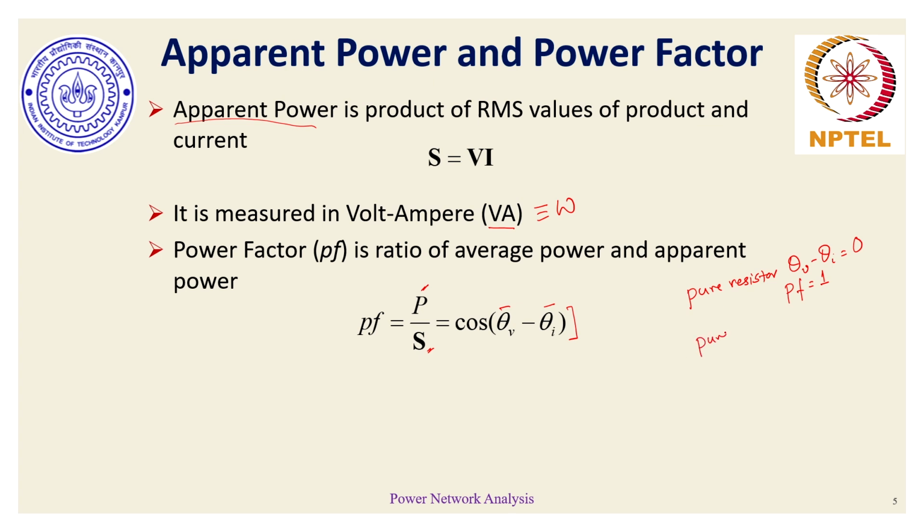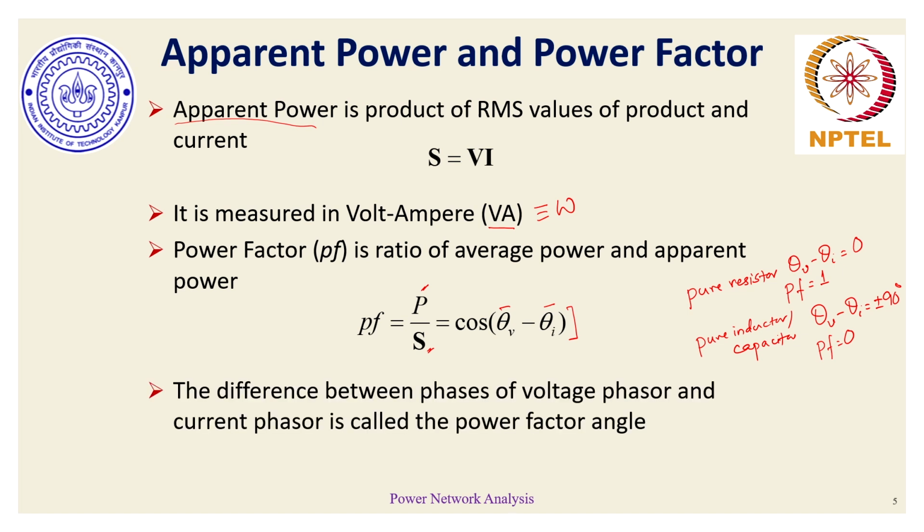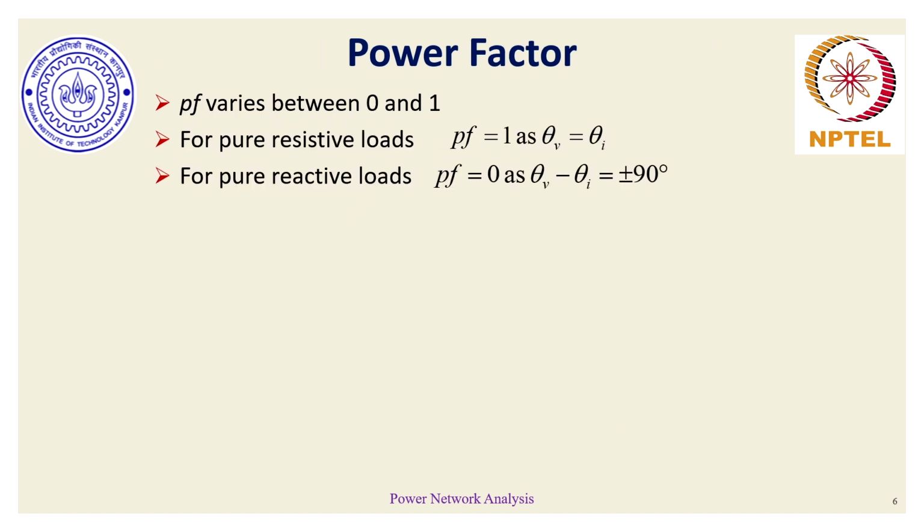Whereas for pure inductors or capacitors, the corresponding phase angle difference is either plus or minus 90 degrees, which results in the cosine being 0 because cos of 90 is 0, and hence power factor will be 0 for pure inductors and capacitors. And this phase angle, which we have defined as theta v minus theta i, can also be called the power factor angle. We have already discussed this in the previous slide.